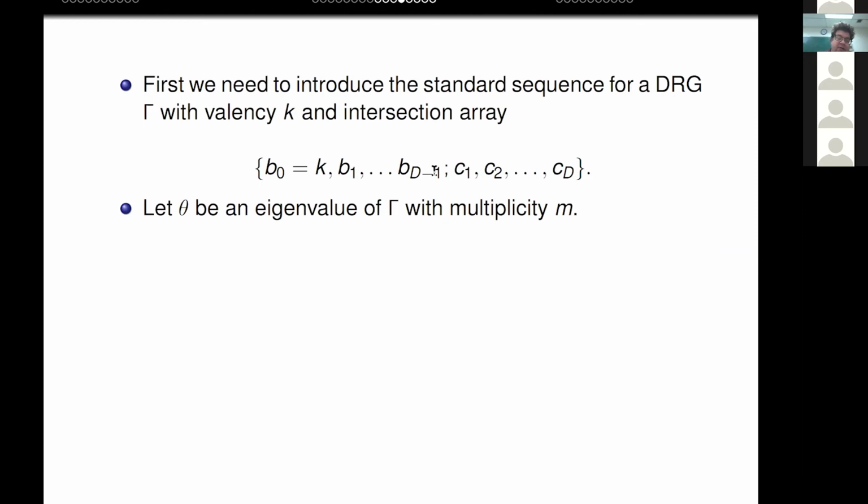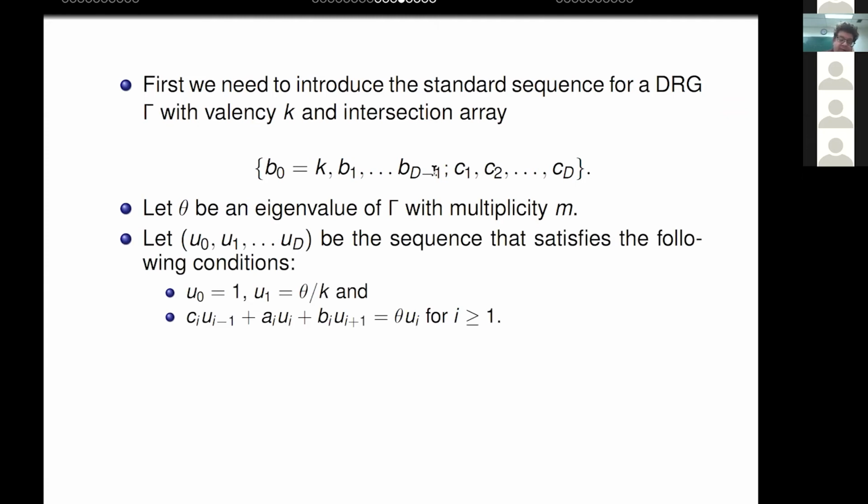Let theta be an eigenvalue of Gamma with multiplicity m. Then the sequence satisfies the following recurrence relation with the initial conditions: u0 is 1, u1 is theta over k, and the recurrence c_i u_{i-1} + a_i u_i + b_i u_{i+1} equals theta u_i for i at least 1. That is called the standard sequence.